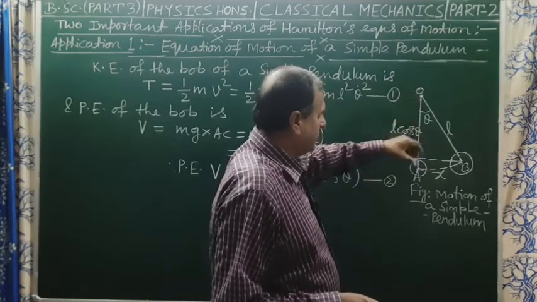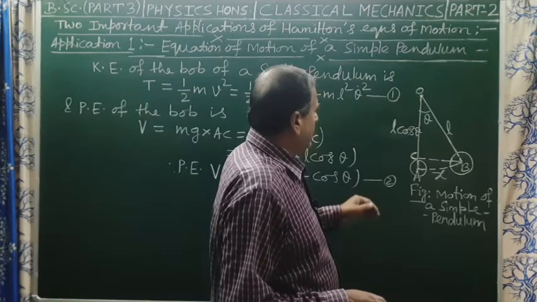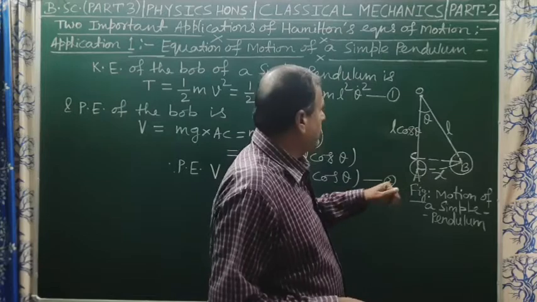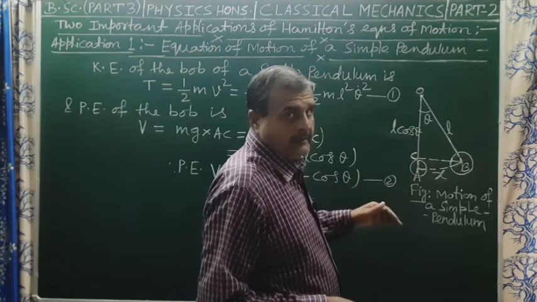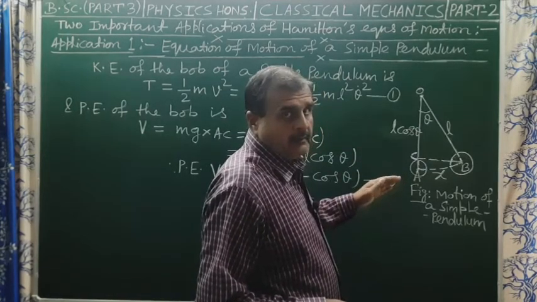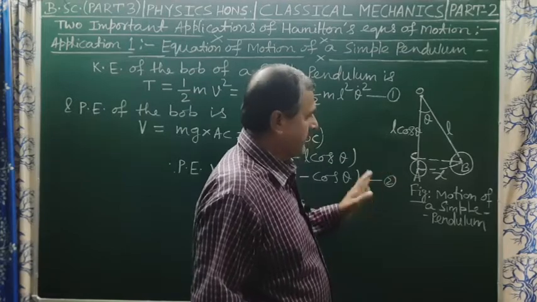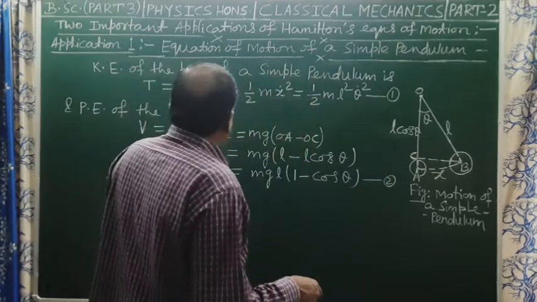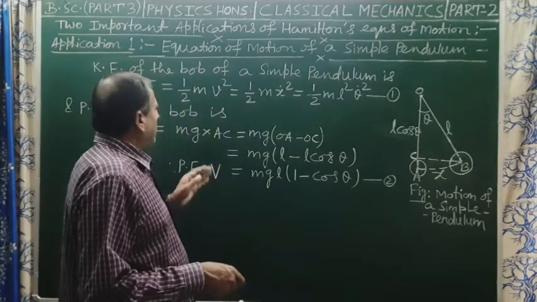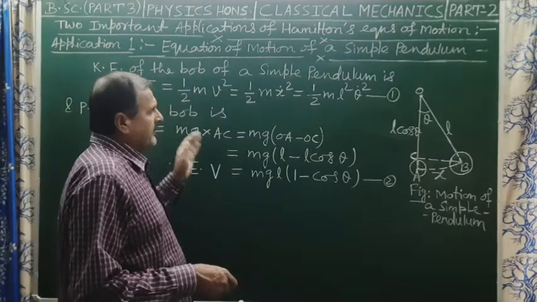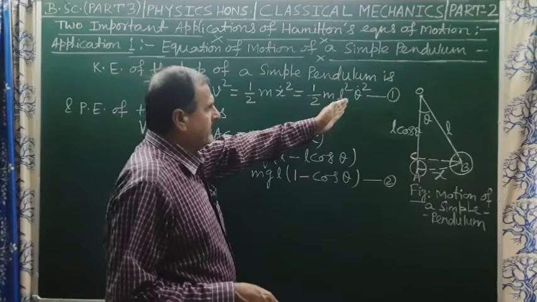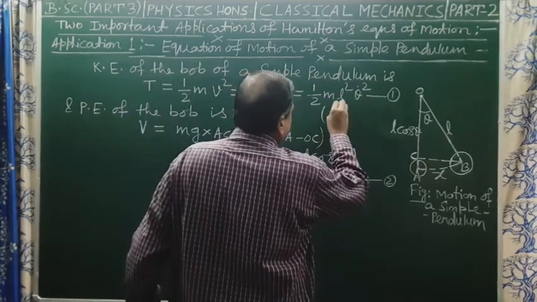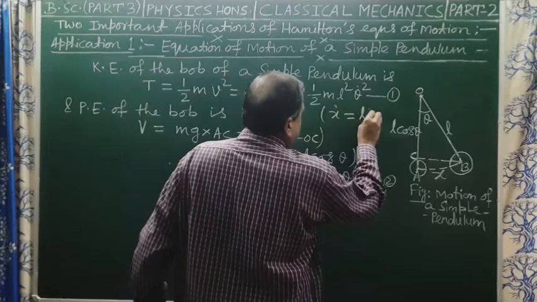The change in angular displacement theta with respect to time is angular velocity, theta dot equal to d theta by dt, which is omega. So the kinetic energy of the bob of a simple pendulum is T equal to 1/2 m L square theta dot square.